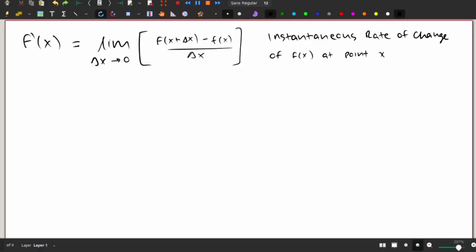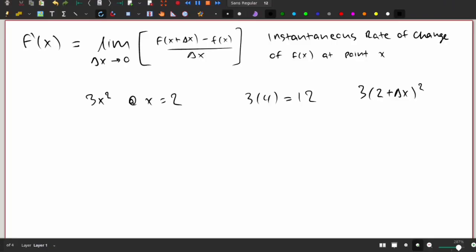For instance, let's look at the derivative for the function 3x squared at x equals 2. So first, let's find f of x. So 3 times 4, it's just 12. And then f of 2 plus delta x will be 3 times (2 plus delta x) squared.